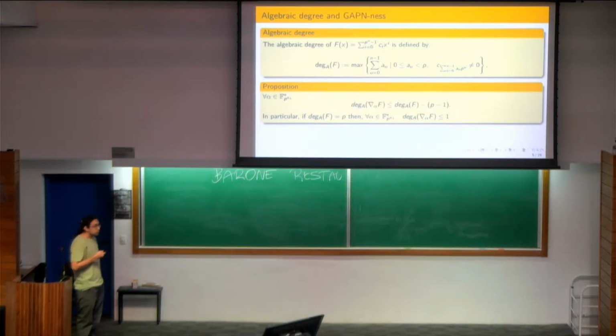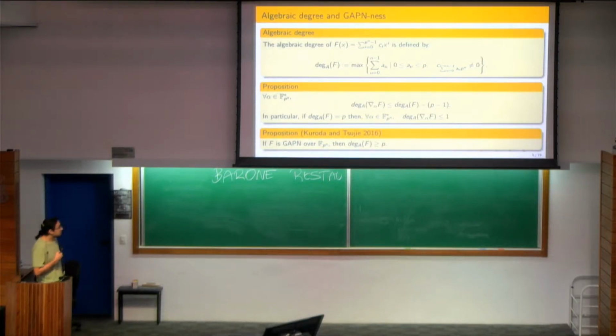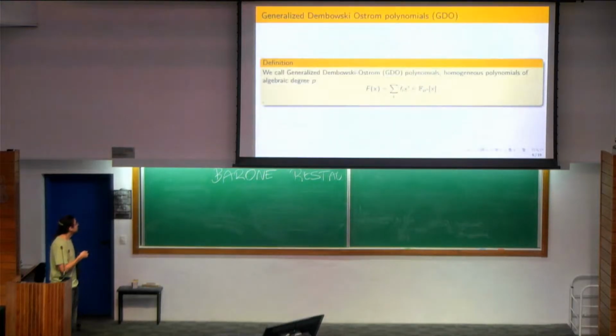Kuroda and Tsuji showed that any GAPN function has an algebraic degree of at least p. So we are going to study the functions of algebraic degree exactly p, the lowest algebraic degree possible, and especially what we call the generalized Dembowski-Ostrom polynomials.